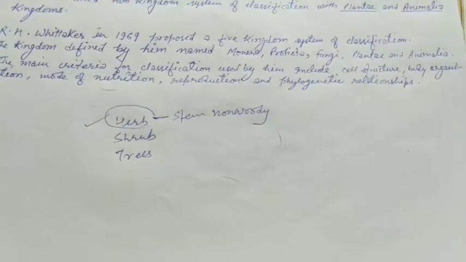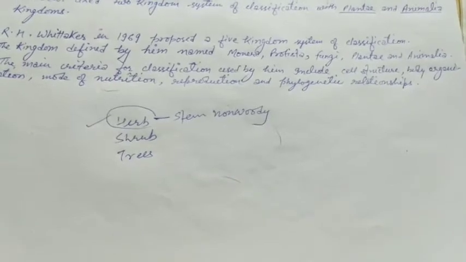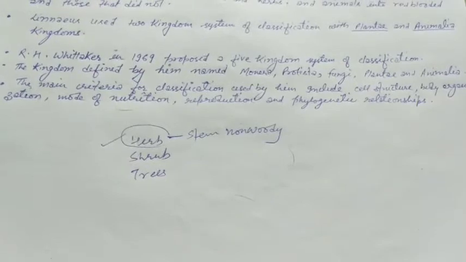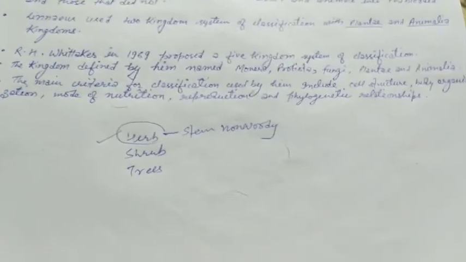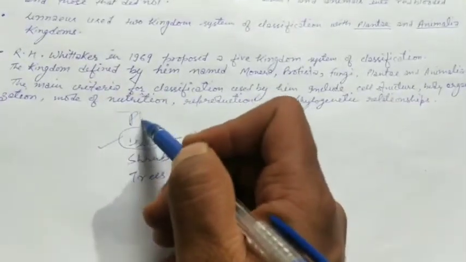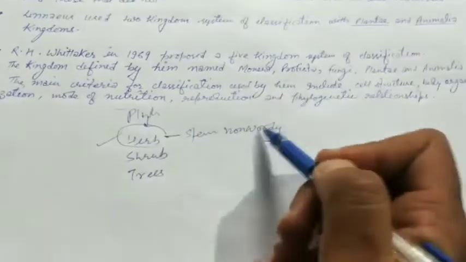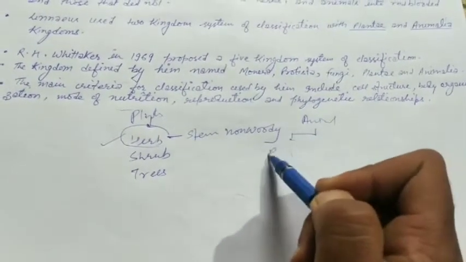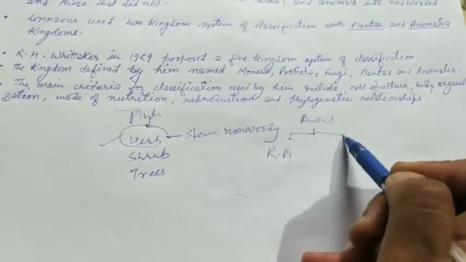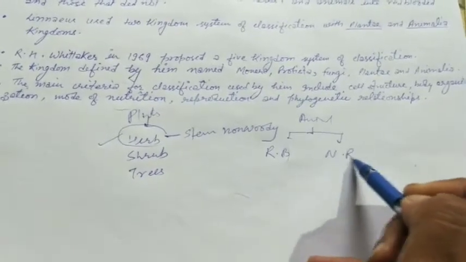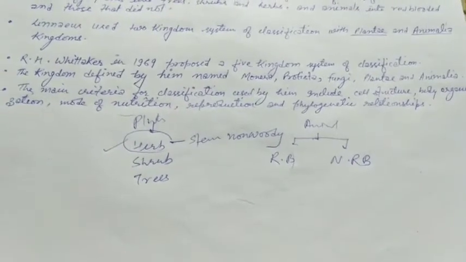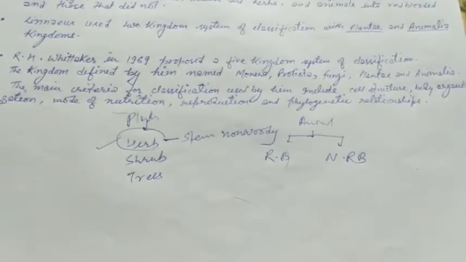So trees are the largest of these three. This one is the classification of plants, while Aristotle classified animals into those having red blood and non-red blood. This is usually a type of two kingdom system.